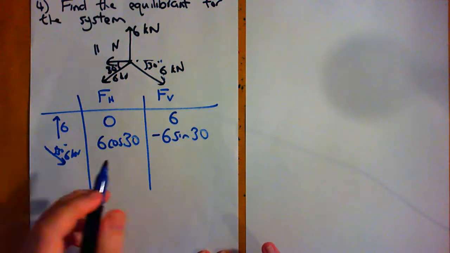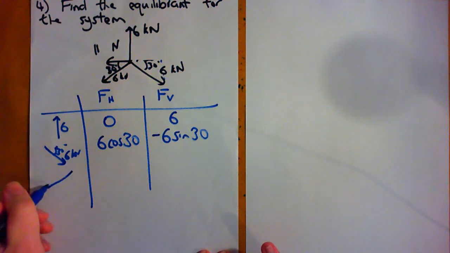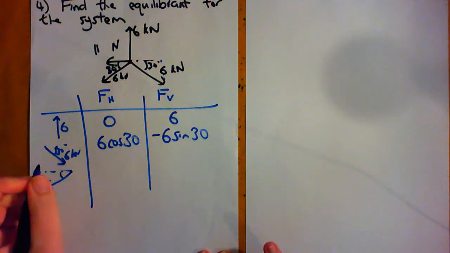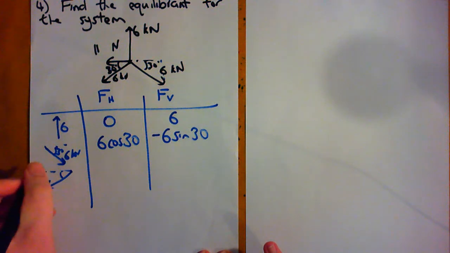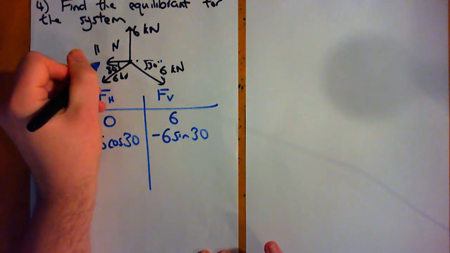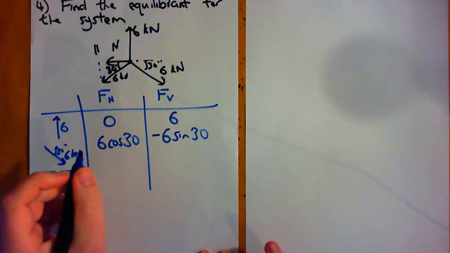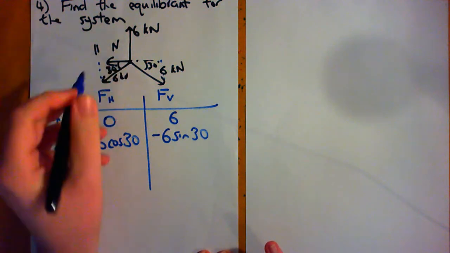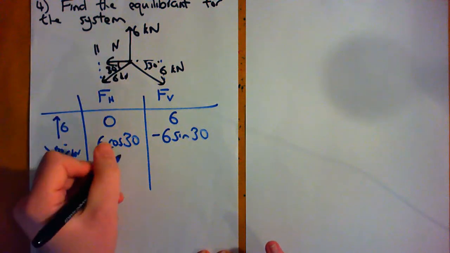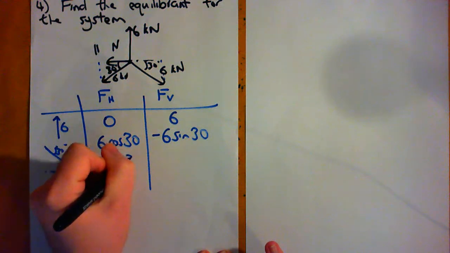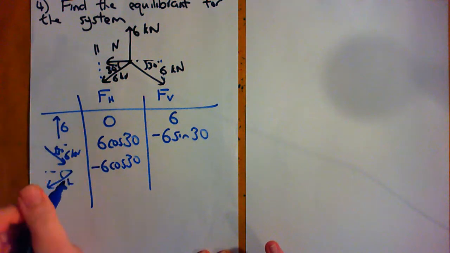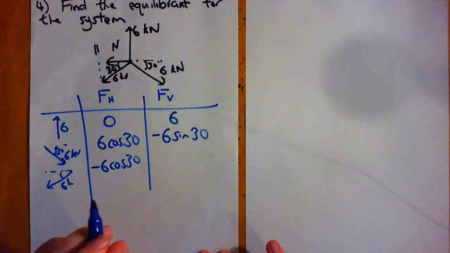Working our way around clockwise to the other 6 kilonewton force, which is pointing to the left below the horizontal, we have a horizontal component of the same size. The hypotenuse is 6, and the horizontal component is the adjacent side of our right triangle, but this one is pointing to the left, which makes the horizontal component negative.